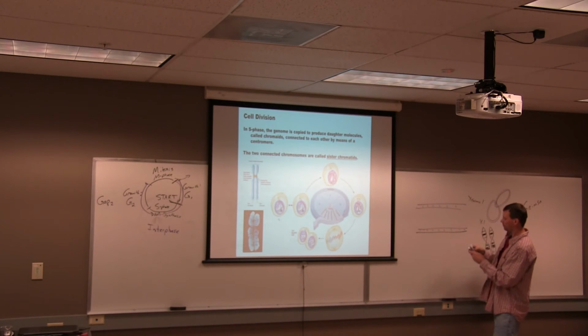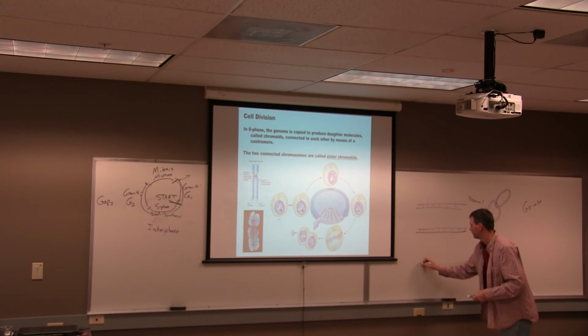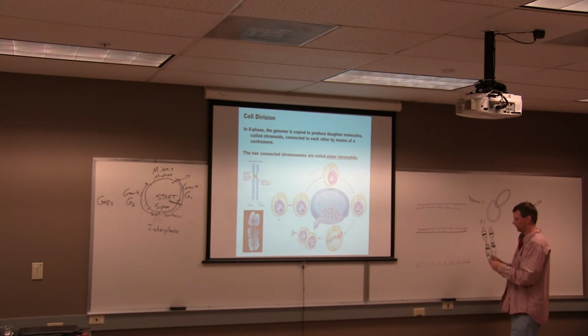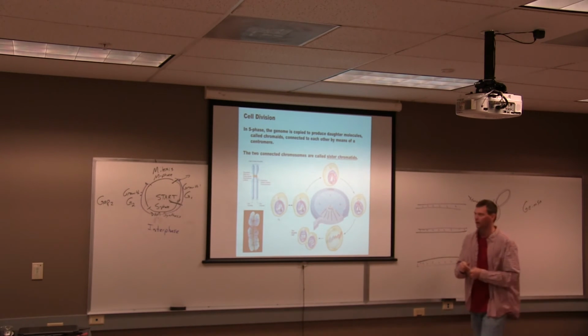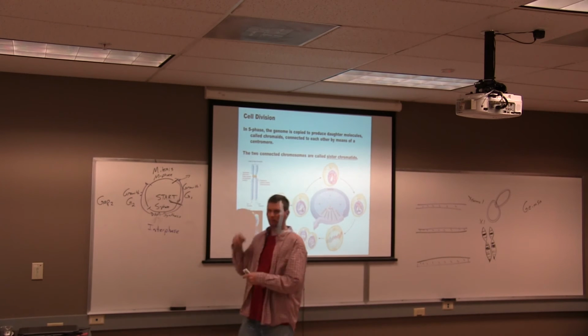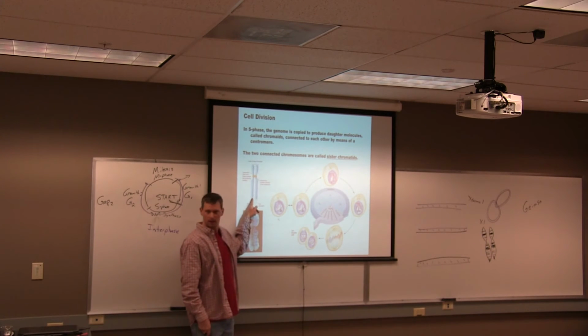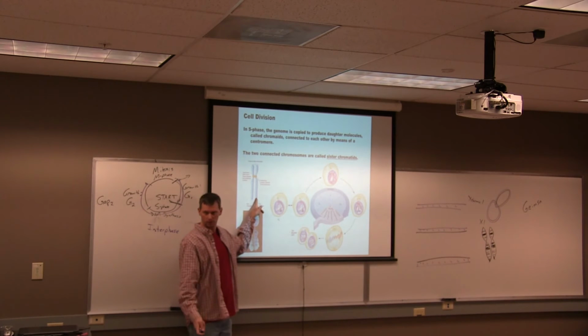And this strand here was copied. Like this. So that this consists of one of the original strands of the DNA and one copy strand. And this is the other original strand and a copy of that strand, right?